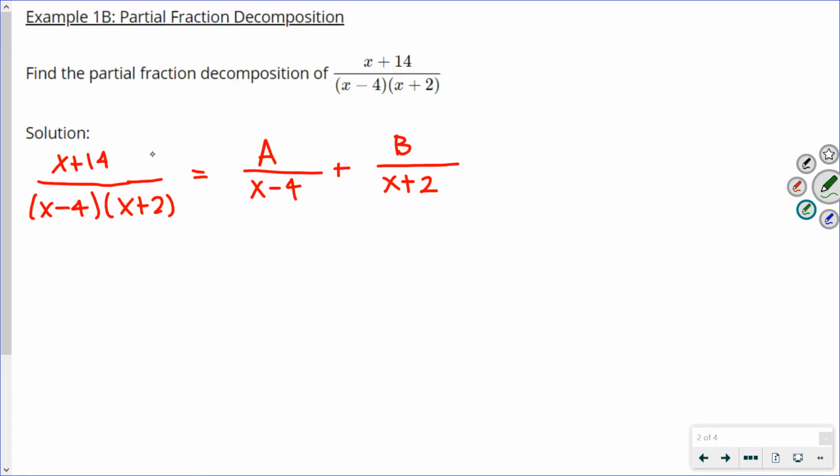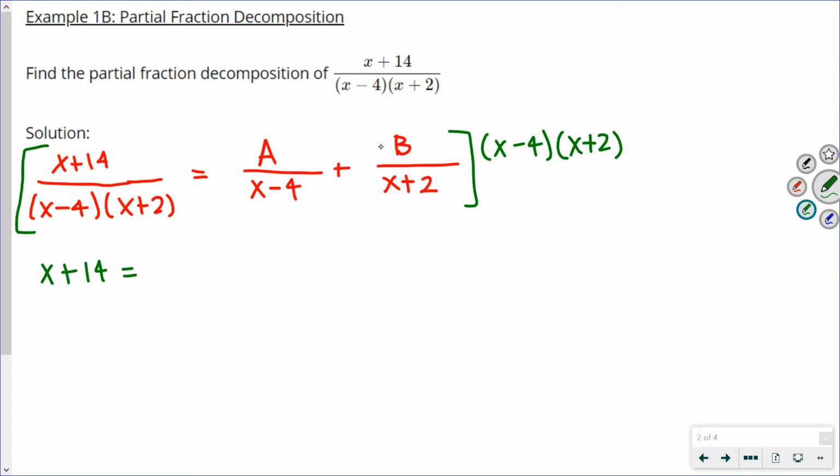The next step I want to do is get rid of all my denominators. So we're going to multiply this whole thing by x minus 4 and x plus 2. What that does is eliminate this denominator, leaving me with x plus 14.